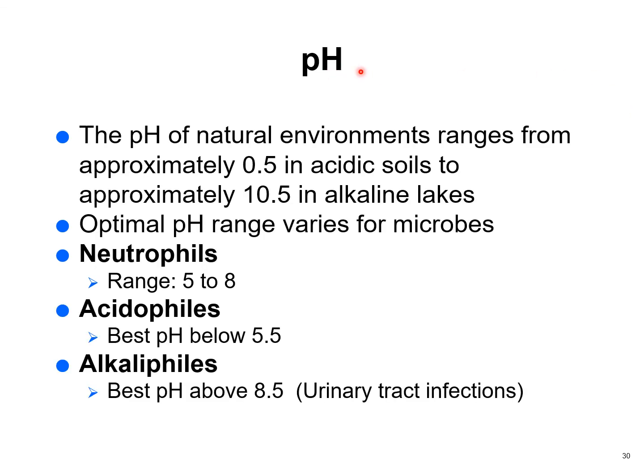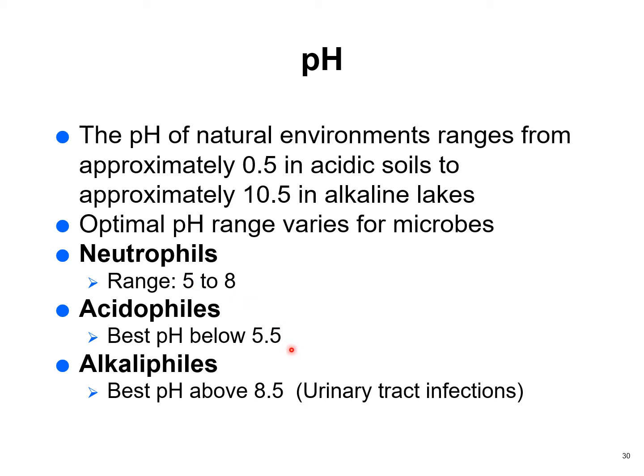Now the pH is important in growing organisms. Some things, soils and lakes, can go anywhere from 0.5 to 10.5. There's different ranges that things can grow in, but neutrophiles, these are things that are close to neutral, 7 being neutral, 5 to 8.